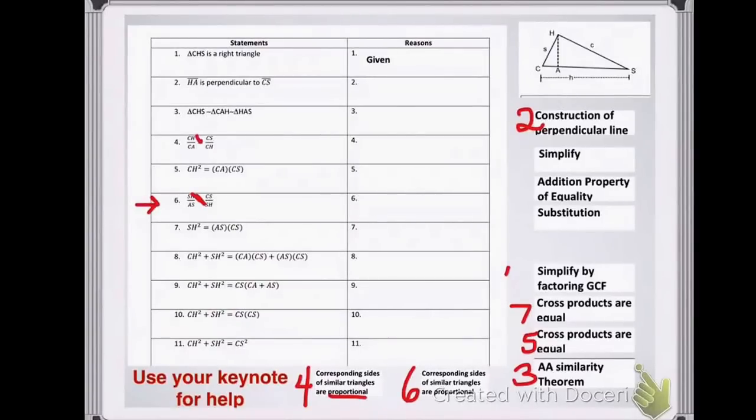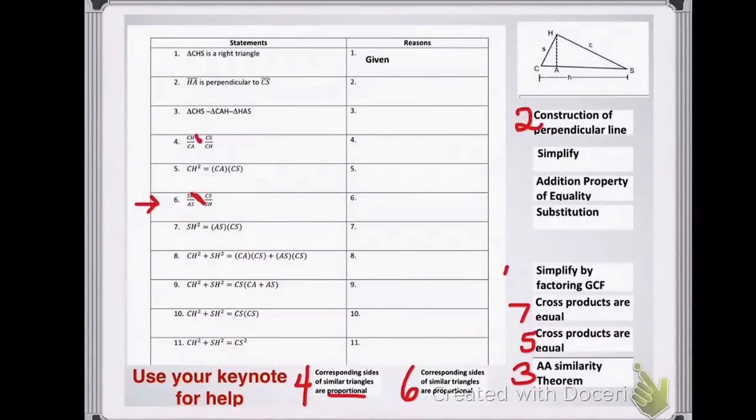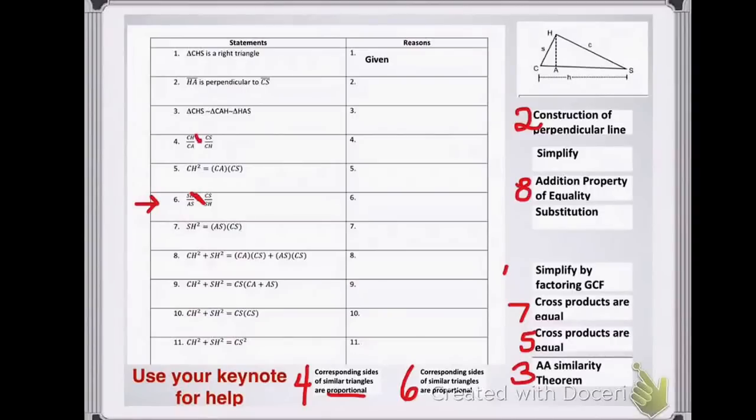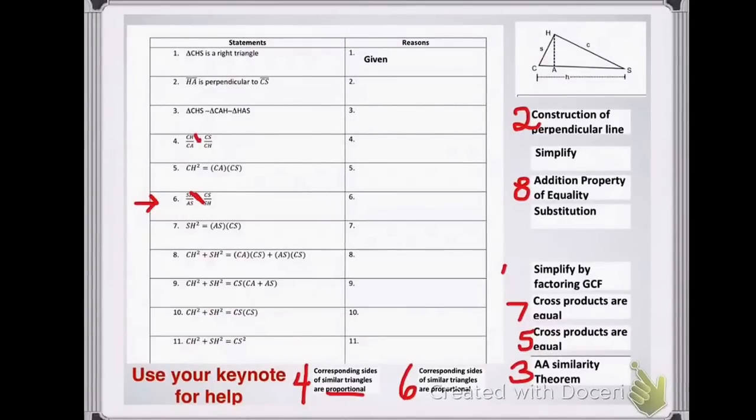Number 8, CH squared plus SH squared equals CA times CS plus AS over CS. Now, to do that, I've combined, so I would say that's the addition property of equality. Number 9, CH squared plus SH squared equals CS times CA plus AS.